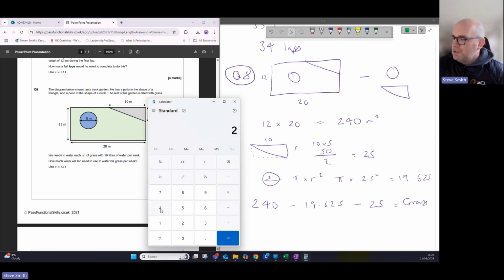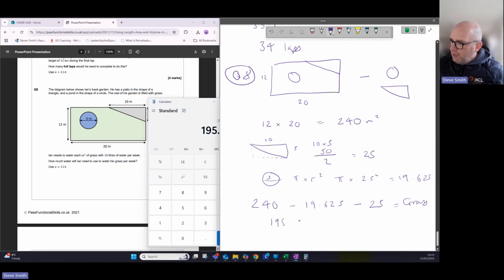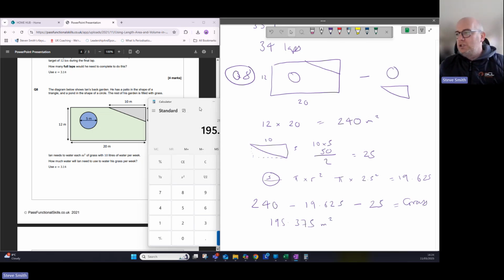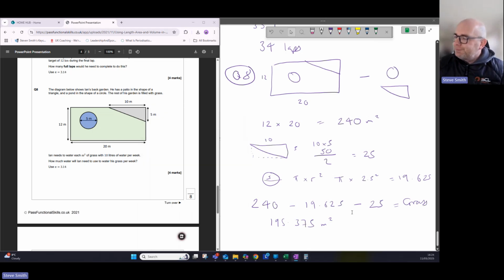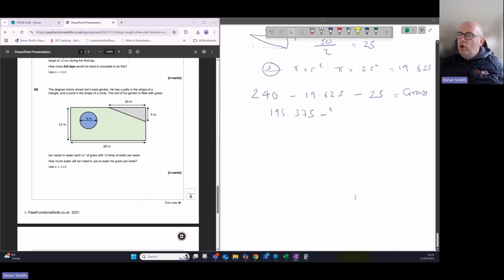So we've got 240 minus the patio minus the pond, sorry, 19.625 equals 195.375 meters, and it's squared because it's flat. We're looking at a map. It's a map, so we only need 2 dimensions, length and width. So we now know we've got grass that covers 195 meters squared and a little bit.